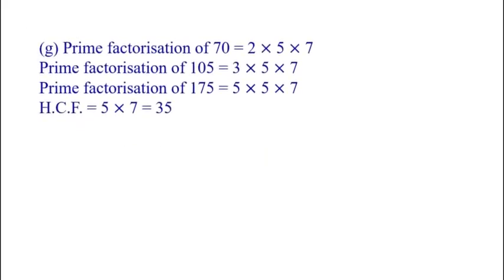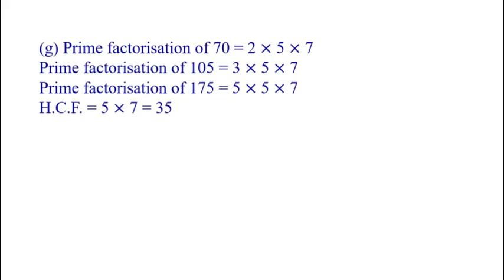Next, what is the SCF of 70, 105 and 175? So first we have to factorize 70, 105 and 175 separately. Prime factorization of 70 is equal to 2 into 5 into 7.